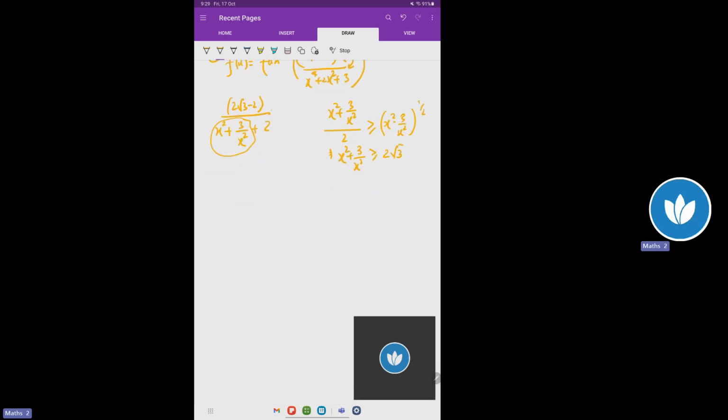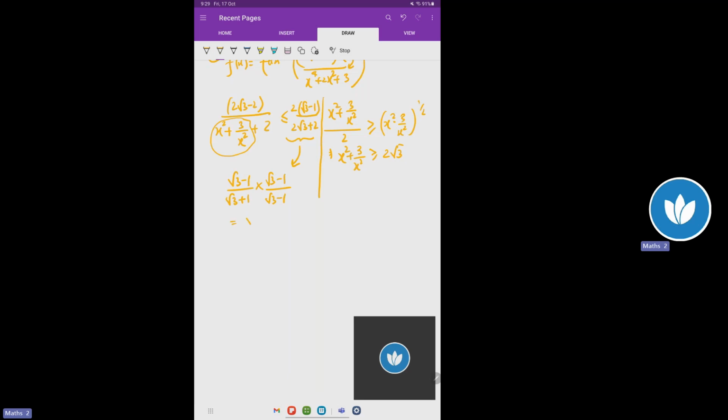So obviously this whole thing would be less than or equal to 2 root 3 minus 1, if we replace by this 2 root 3, which is the extreme value, we can write like this. If you simplify this, we get root 3 minus 1 upon root 3 plus 1. Let's rationalize this.